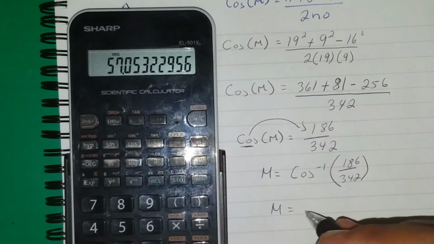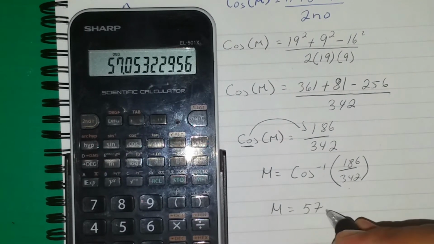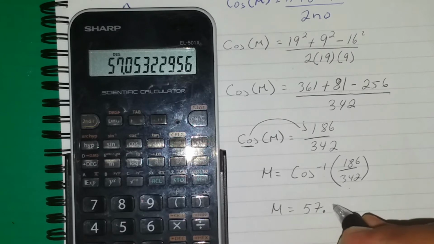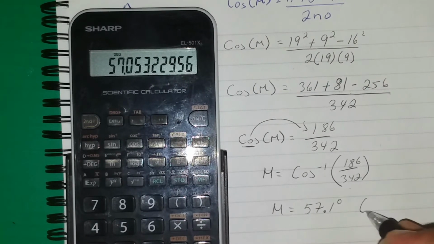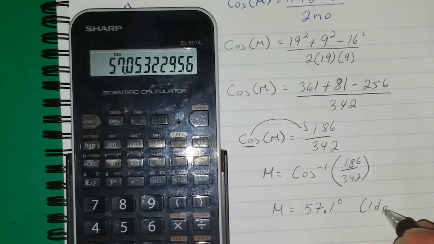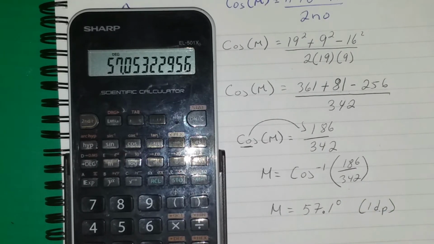Notice that what I get is 57.1 degrees, and I'll put 1 dp because that is where I round it off. Now if the problem gives you to how many decimal places you round off, you round it off to that.